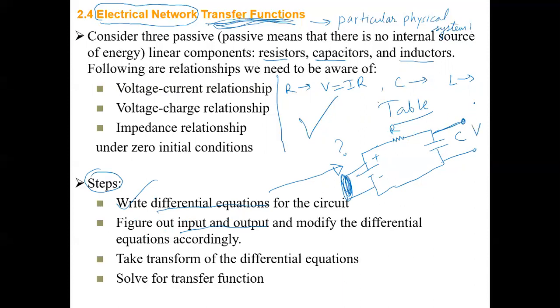Then that voltage is your output, and this is your input voltage. This could be 5 volts, this could be 3 volts, I don't know. So this is your output, this is your input. That's what I'm trying to say. So figure out input and output and modify the differential equation accordingly, okay?